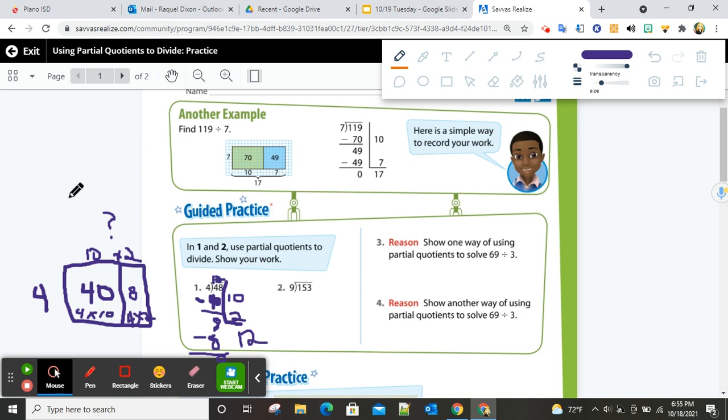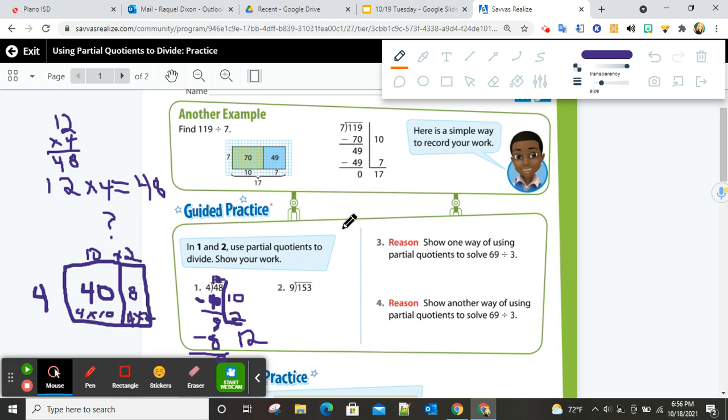I can check this problem by using multiplication. 12 times 4, and when I solve that, I get 2 times 4 is 8, 4 times 1 is 4. I get my dividend of 48.